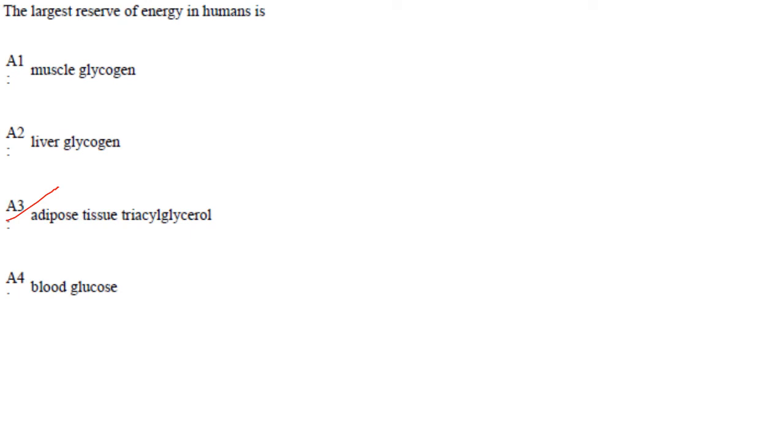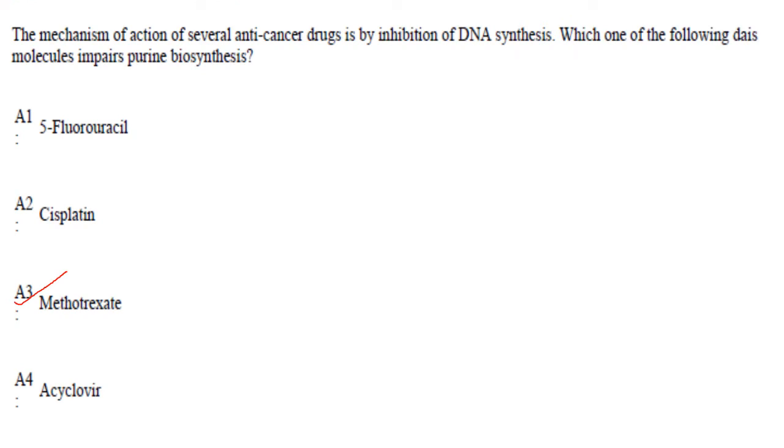Then the largest reserve of energy in humans is adipose tissue triacylglycerol. Then the mechanism of action of several anti-cancer drugs is by inhibition of DNA synthesis. Which one of the following molecules impairs purine biosynthesis? So it is methotrexate that inhibits the enzyme dihydrofolate reductase, thereby inhibiting synthesis of purines.